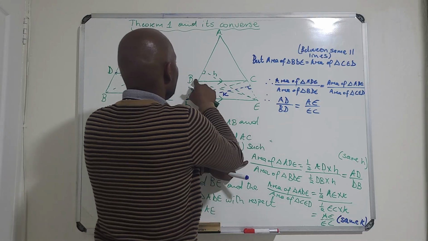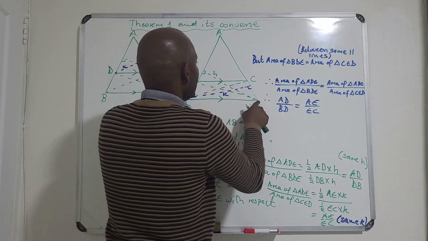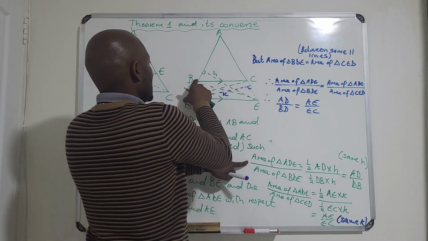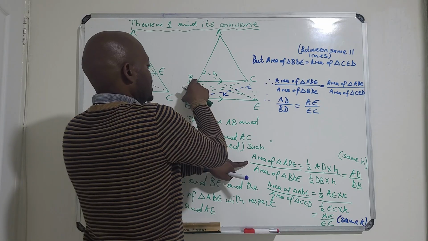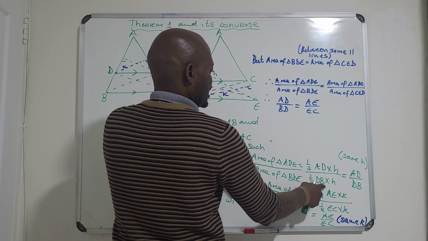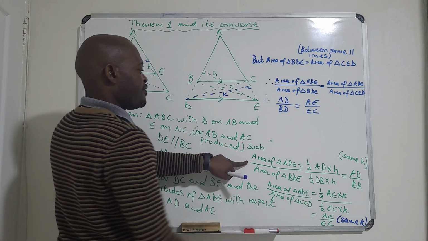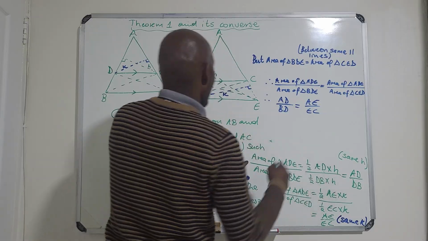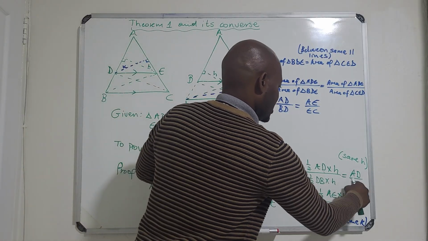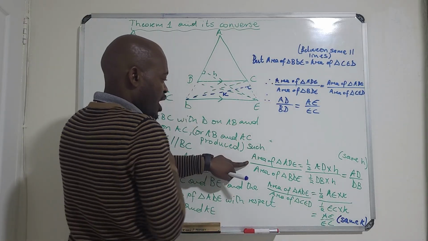You can see BDE. There is our height, which is drawn outside, and there is our base. Therefore, here it is half BD times height. That is why we are left with AD over BD, even in this triangle.